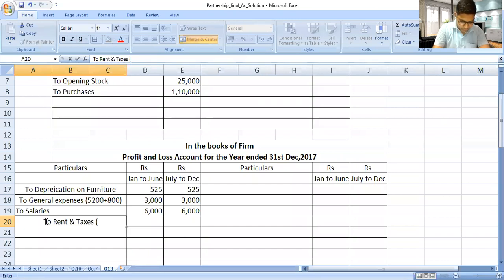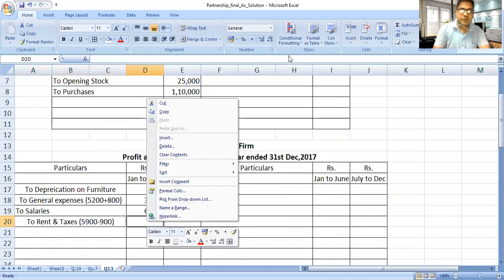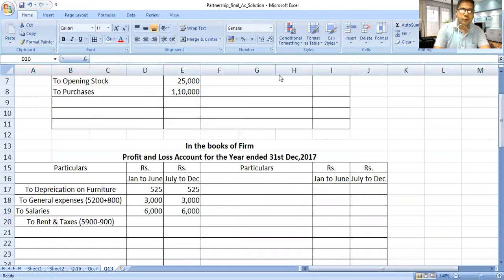Here actual was 5,900. We deducted rupees 900, rest of the value 5,000. Now this particular 5,000 we have to divide into two terms. So 2,500 and 2,500.